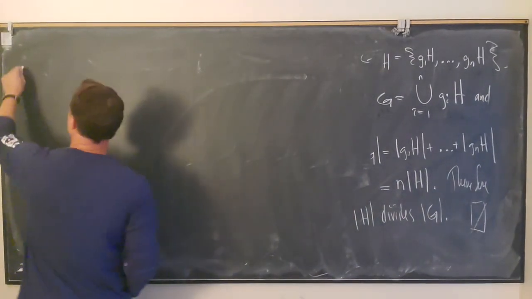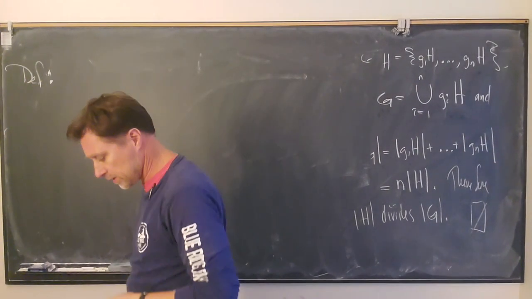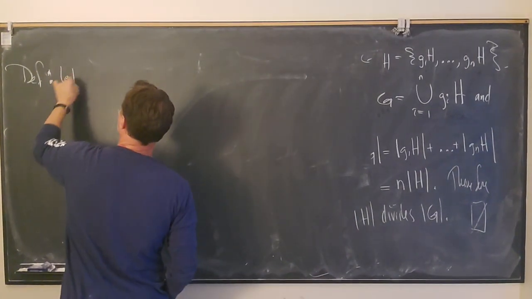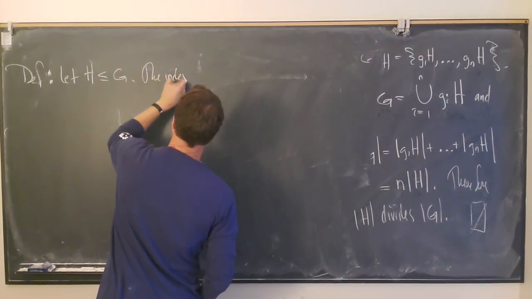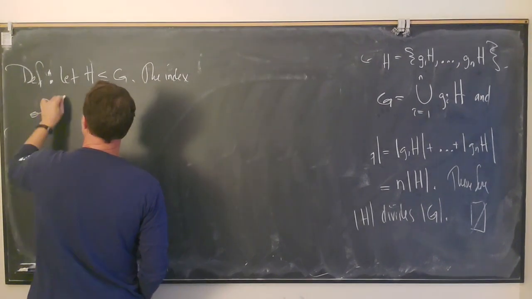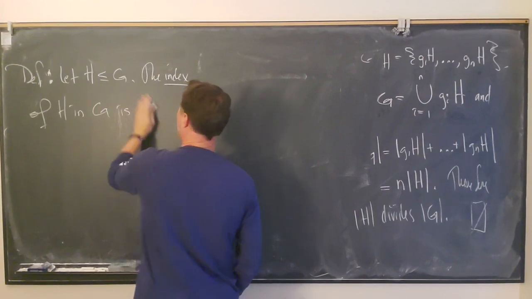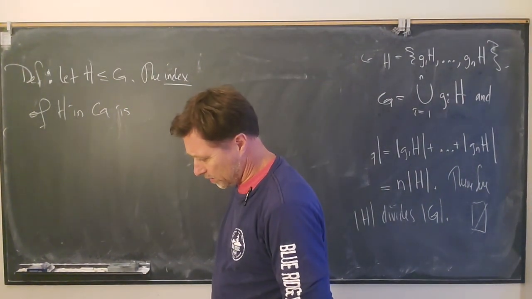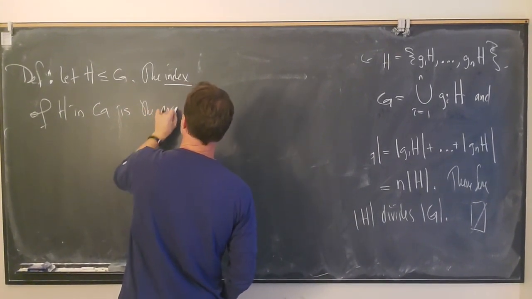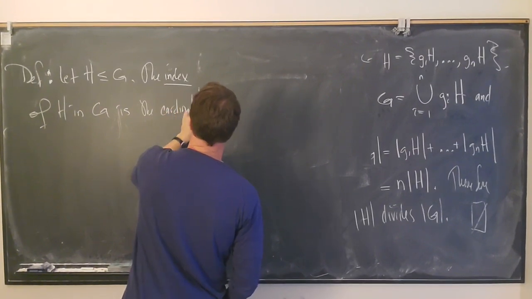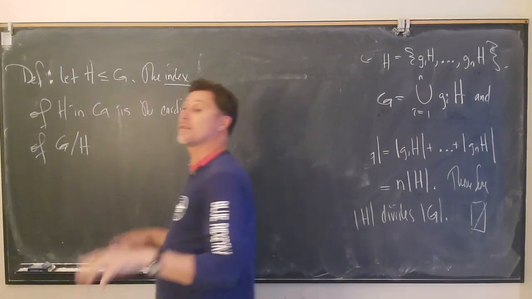Okay, so this sort of leads to a definition now that we've got Lagrange's theorem in place. Let H be a subgroup of G. The index of H in G is the cardinality of G mod H. So in the finite case, it's the number of cosets.